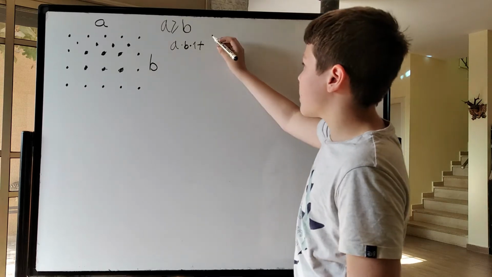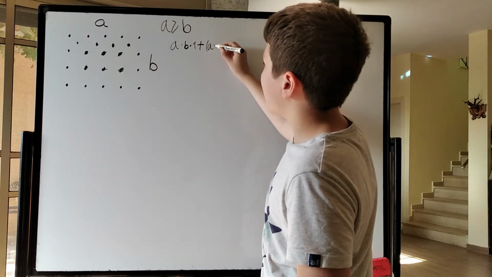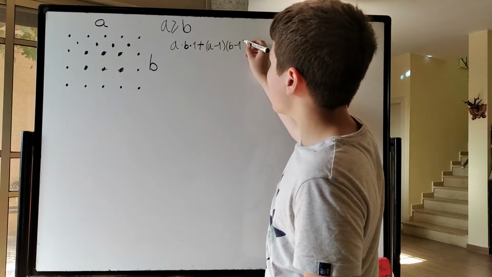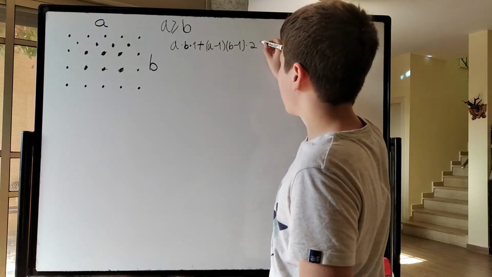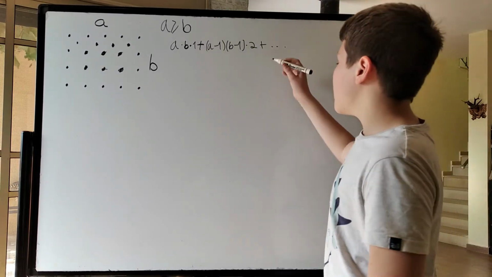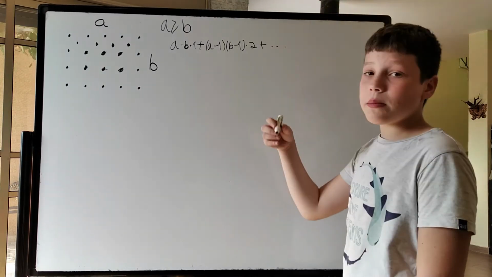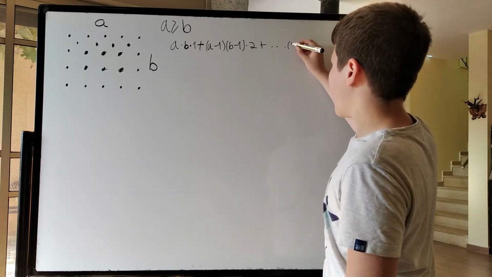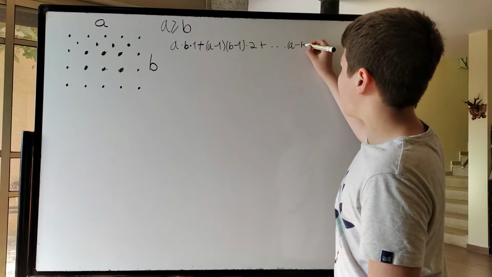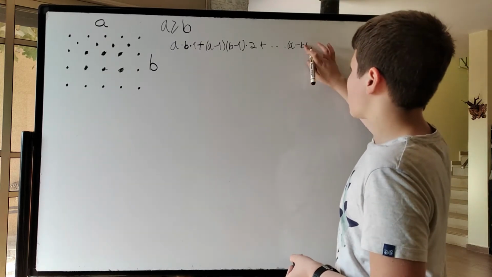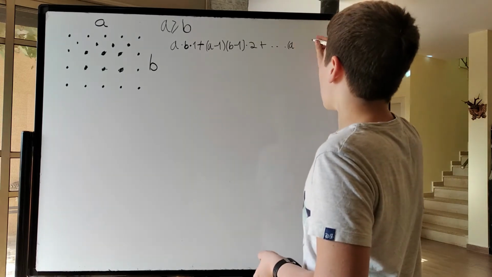And then, for the 2x2, we have A minus 1 times B minus 1, then times 2, and we'll continue. A minus 2 times B minus 2 times 3, A minus 3 times B minus 3 times 4, and so on, until the biggest square we can have, which we have A minus B plus 1, sorry. Well, I will write that differently.